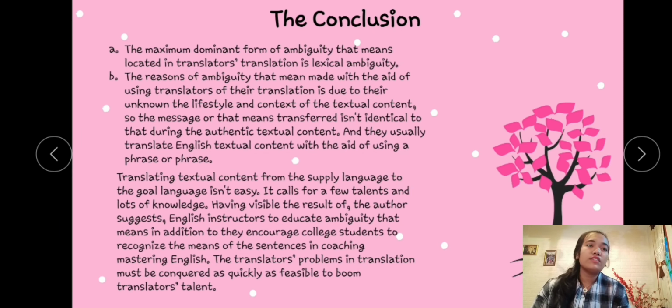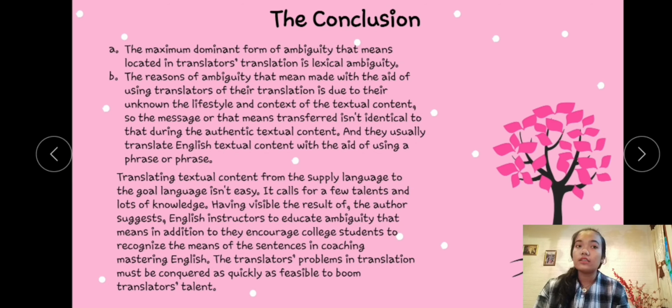Translating text from the source language to the target language isn't easy. It requires some skills and a lot of knowledge. Having seen the result, the author suggests English teachers train ambiguity of meaning, as well as encourage students to understand the meaning of the sentence in teaching and learning English.